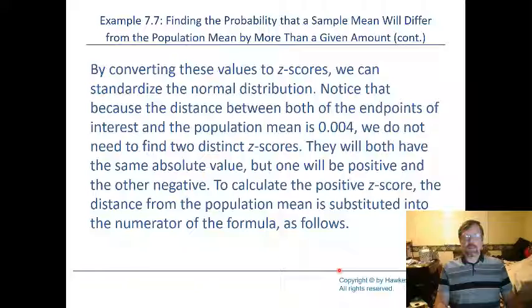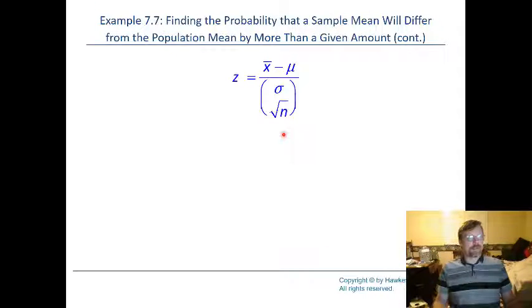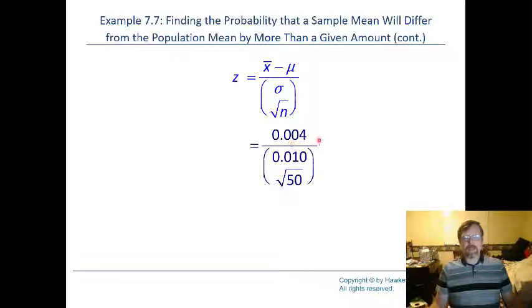Right, so we're dealing with a sample. So here is our z-score equation. The sample mean minus the population mean divided by the population standard deviation over the square root of the sample size. Right? We already know our sample mean minus the mean is 0.004 because we're at 0.004 to either side.